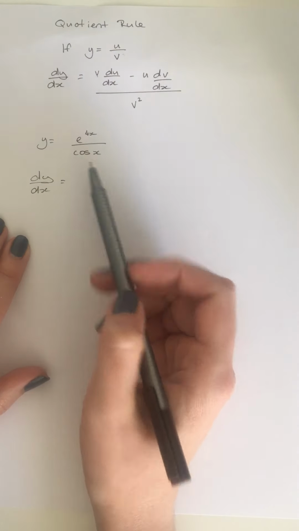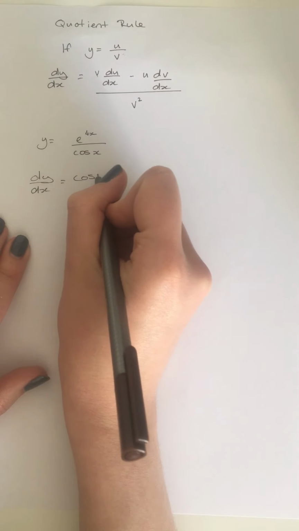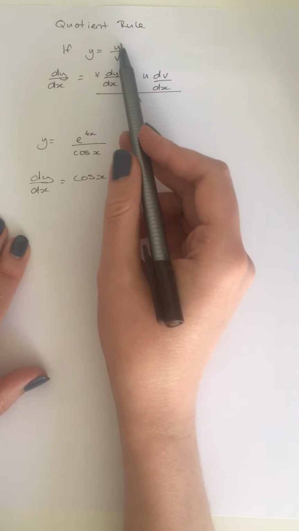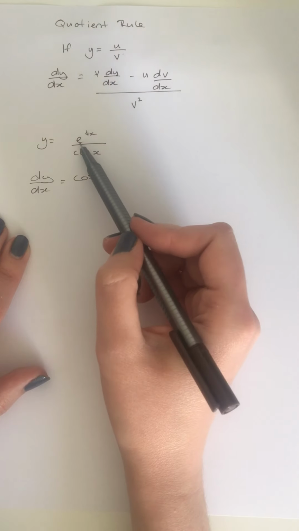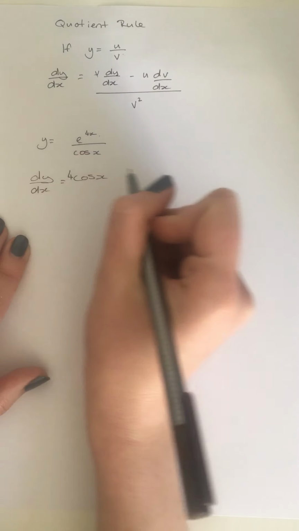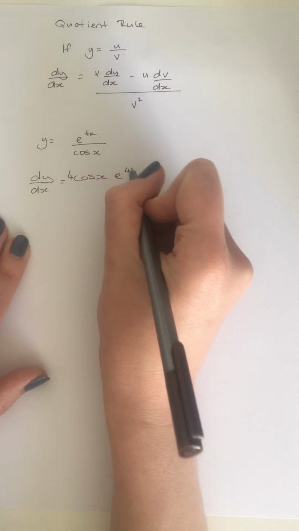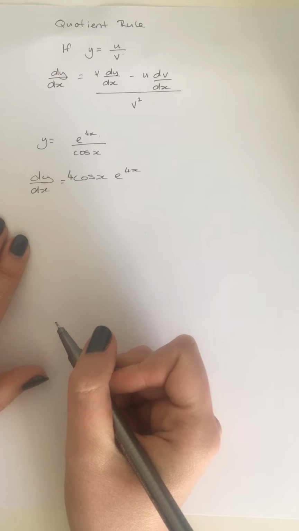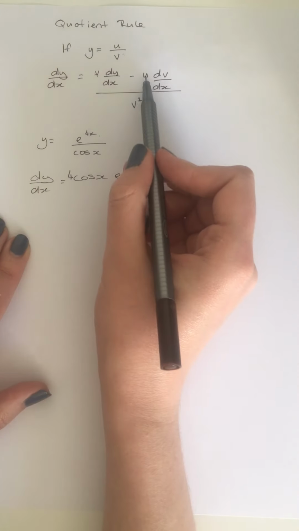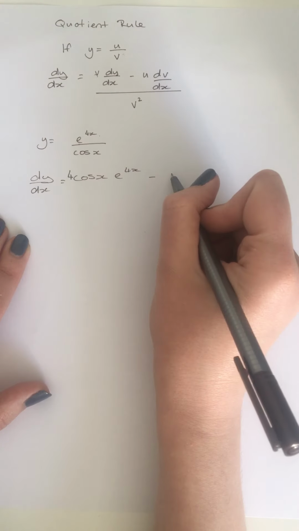So here I've got cosine x, so I'm just going to write that out, cosine of x. And then I need to multiply by the derivative of my numerator, and the derivative of e to the 4x is going to be 4, let's write that at the front, 4e to the 4x, like so. And then I'm going to subtract. My numerator just stays as it is, so this is just going to be e to the 4x.